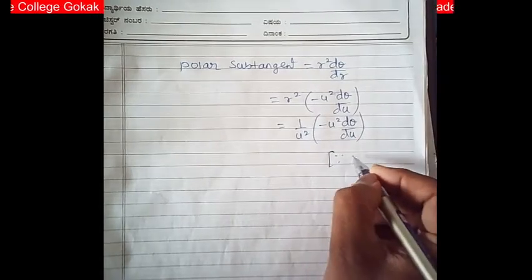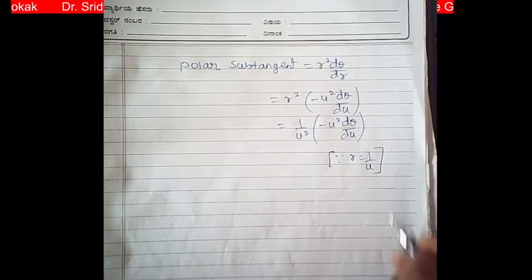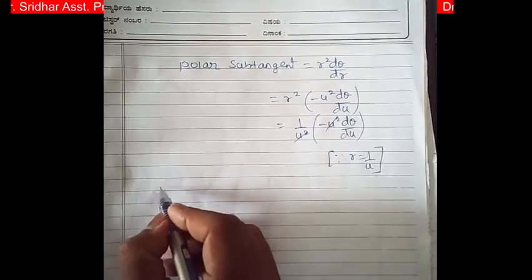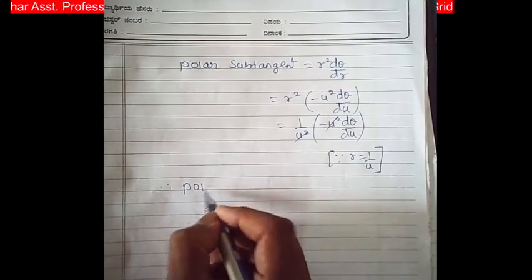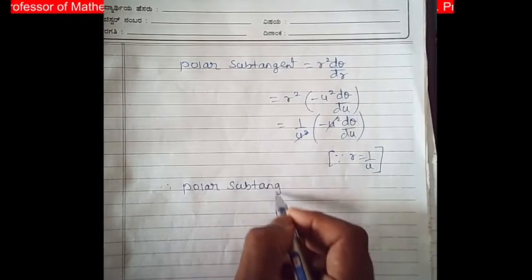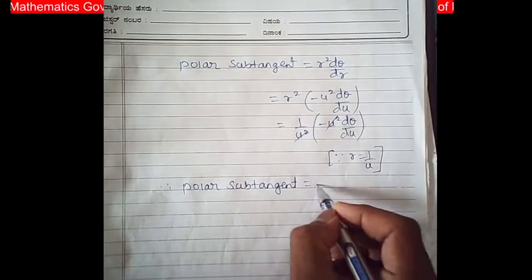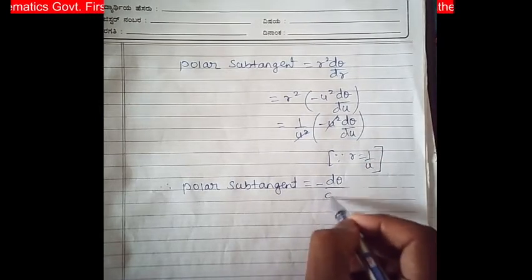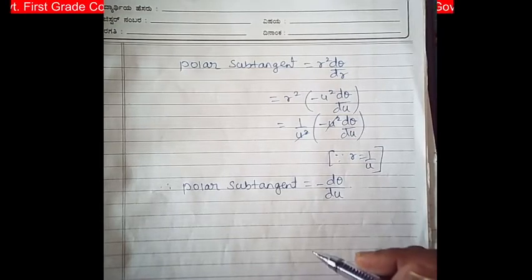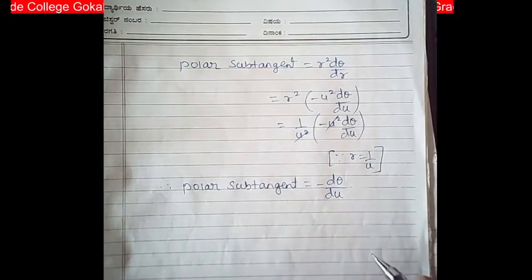Here u square and minus u square get cancelled, so after simplifying, polar subtangent is equal to minus d theta by du. Okay, so these are other forms of polar subnormal and polar subtangent.